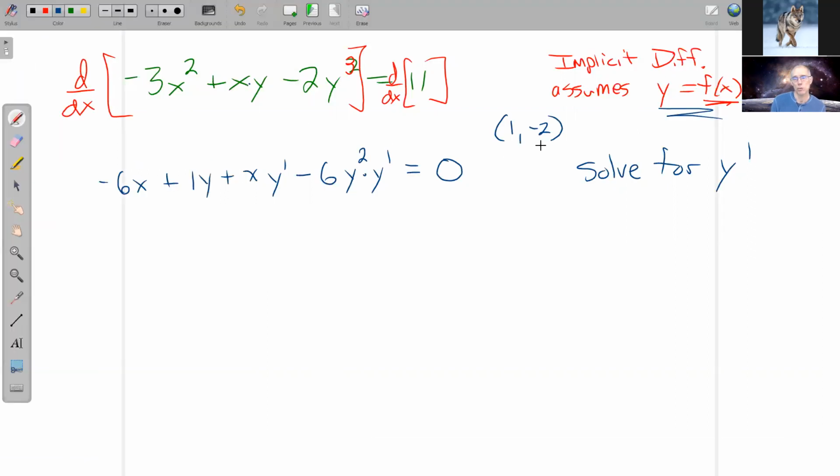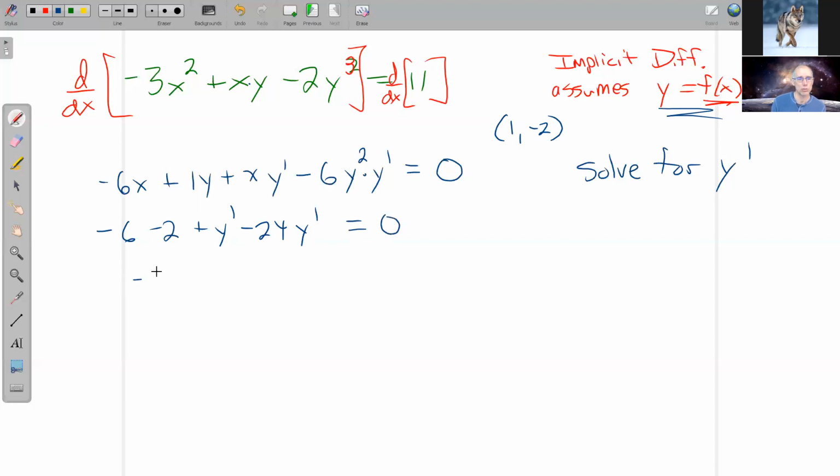So we can make our work a little bit easier by just plugging in 1 and negative 2 here for x and y. So that's going to give me negative 6 times 1 plus y times negative 2 plus 1y prime, and then negative 2 squared is 4 times 6 is negative 24, y prime equals 0.